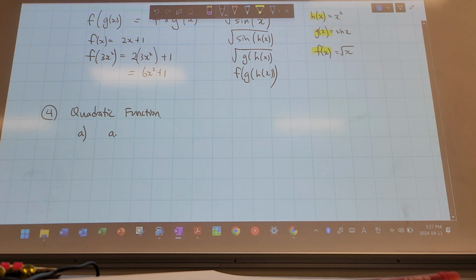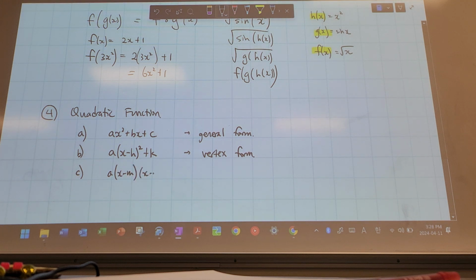The first one is ax squared plus bx plus c, which is the general form. We also have a times (x minus h) squared plus k, which is called the vertex form. And third, we have a times (x minus m) times (x minus n), which is the factored form.